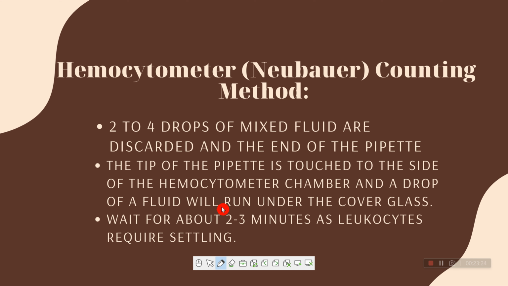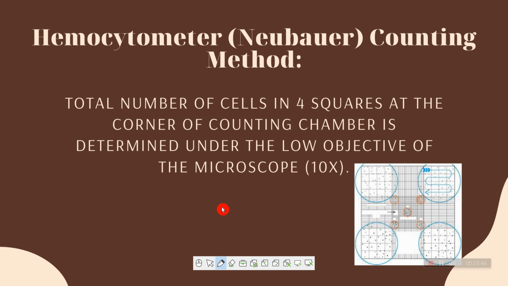Then the first 2-3 drops of the fluid are discarded, and the Neubauer's chamber is charged using this diluted fluid. After charging, it is again kept for 2 to 3 minutes to let the leukocytes settle down in the chamber.